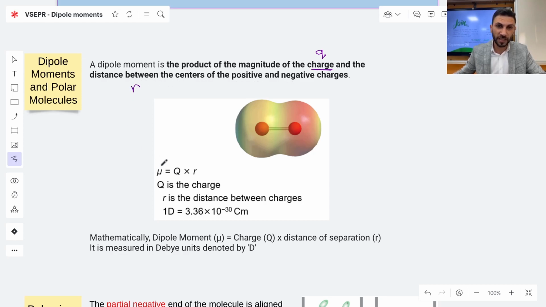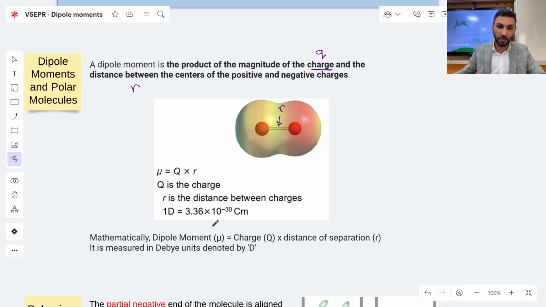And we give it the Greek letter mu, which equals Q multiplied by R, where Q is the charge and R is the distance between the charges, as you can see. This is R. And Q is the magnitude of the positive and negative charges.